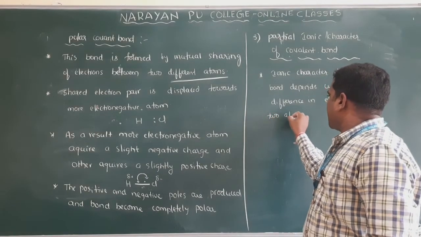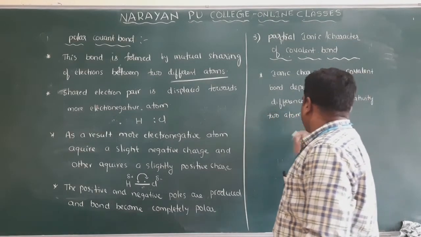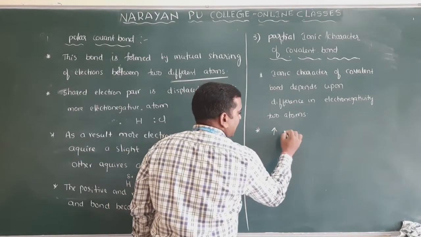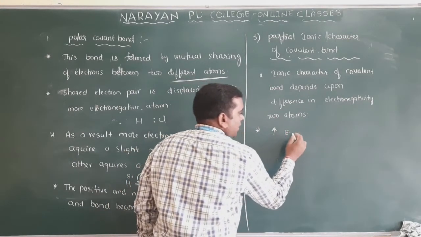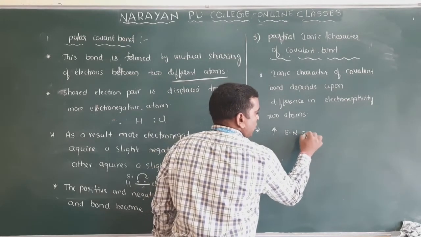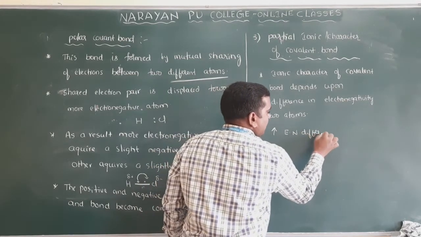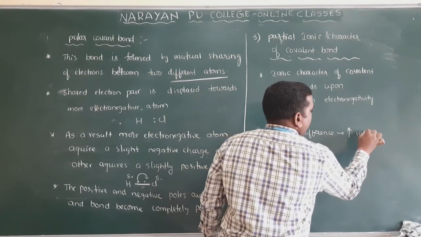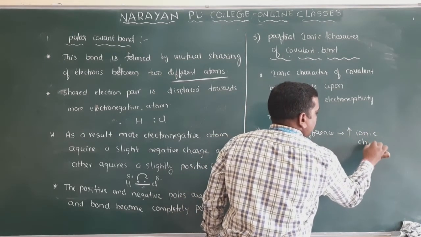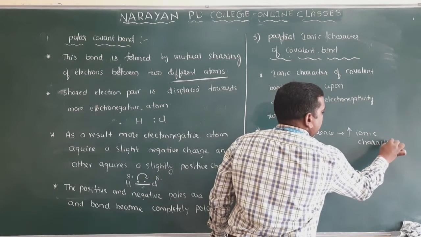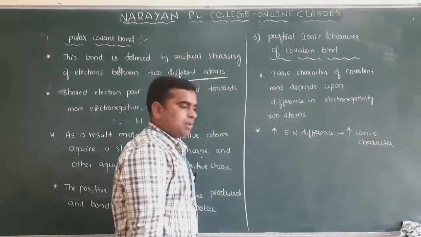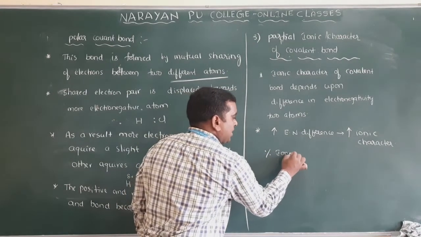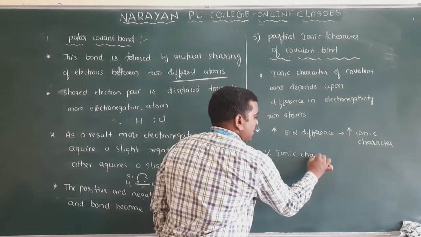The greater the electronegativity difference, the greater the ionic character in the covalent bond. And how much percentage of ionic character is present?